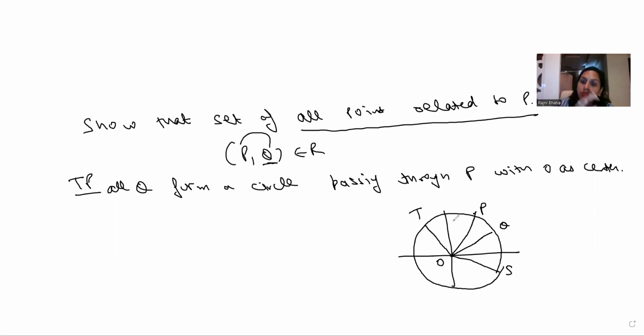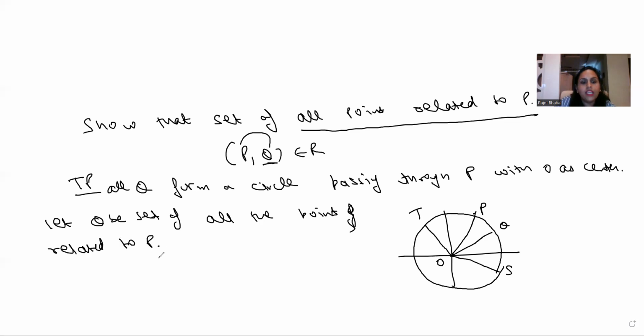Now, how can we prove this? How can we write the proof? We will write, let Q be the set of all the points related to P. What does this imply?